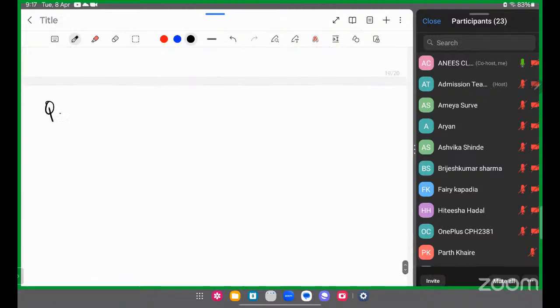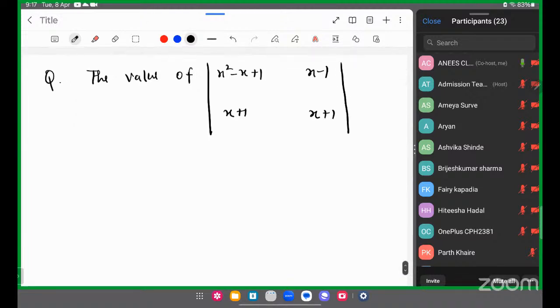Another question is find the value of determinant x square, minus x plus 1, x minus 1, x plus 1, x plus 1. So how will you solve it?